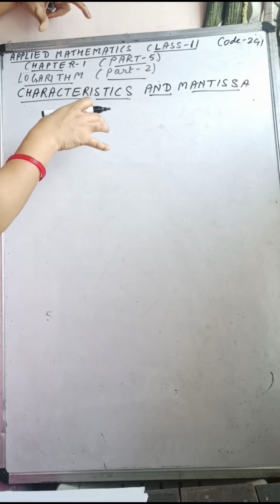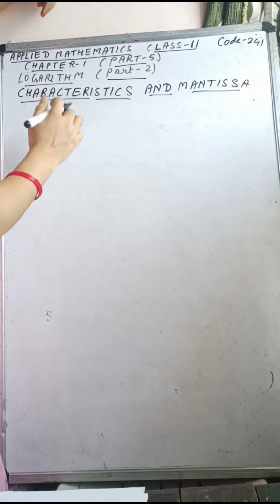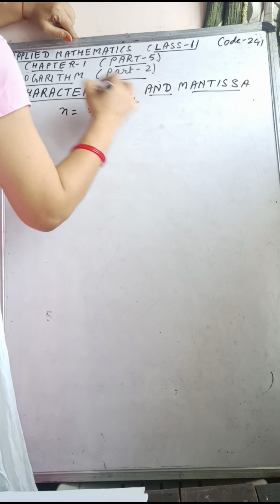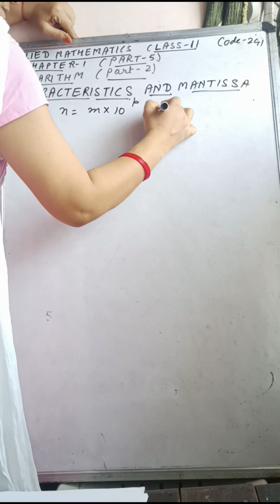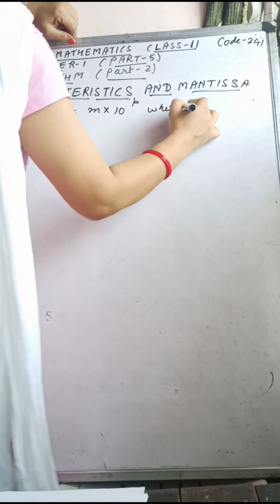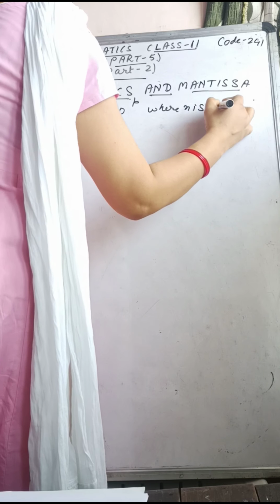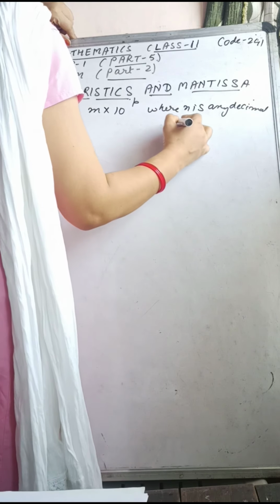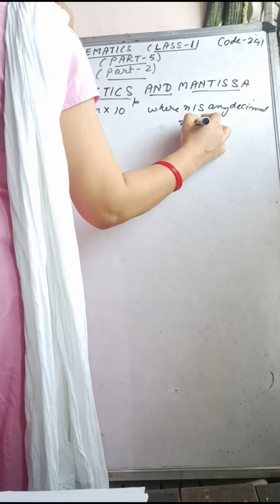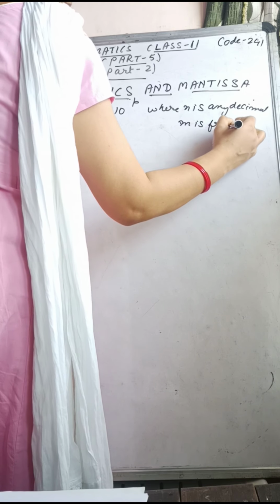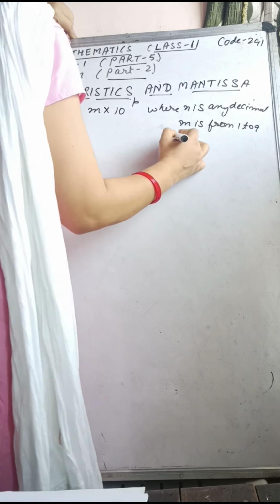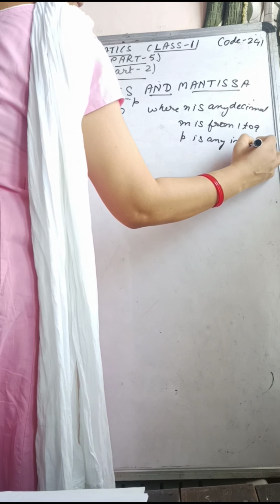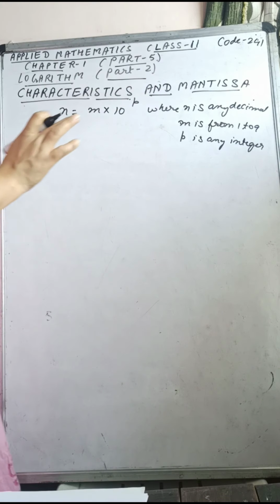In the last definition, that is the standard form of a decimal, we wrote that n equals m into 10 to the power p, where n is any decimal number, m is from 1 to 9 and p is any integer. Remember this. Any integer means positive, negative, 0, anything.